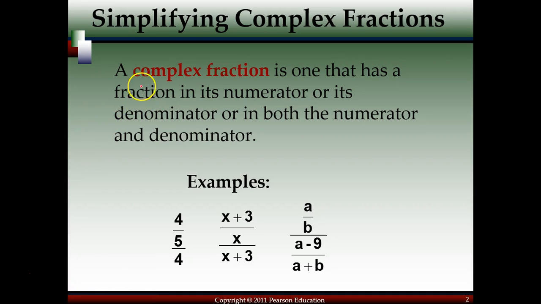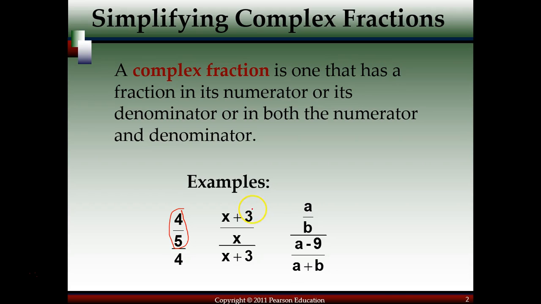Here we have what a complex fraction is. A complex fraction is one that has a fraction in its numerator or its denominator or in both numerator and denominator. I have some examples down here. Here we have a fraction in the numerator and then a denominator here.